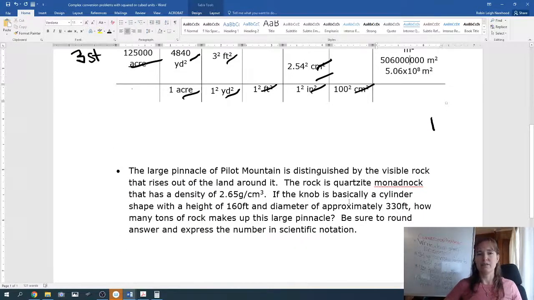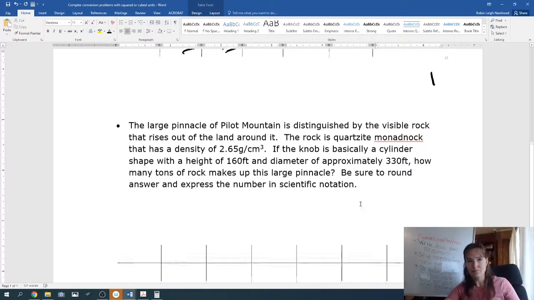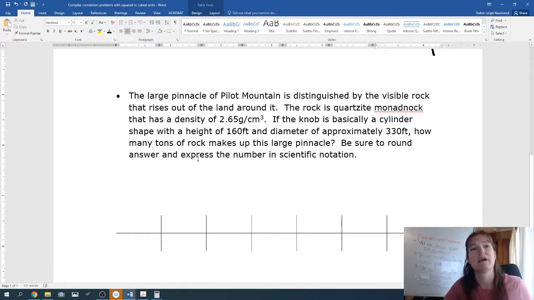Our next one involves cubed, and so it involves a volume. Pala Mountain gets its name because of it being a large exposed rock on top of the mountain. This rock has a density of about 2.65 grams per centimeter cubed.